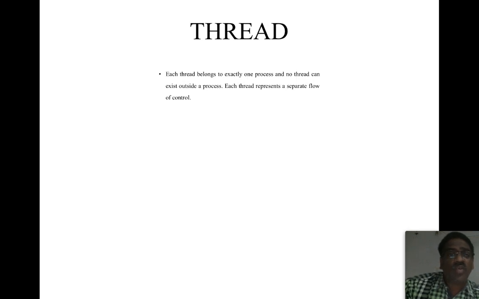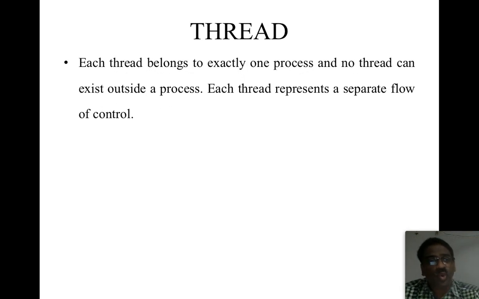Now, whenever you are working with threads, no thread exists outside the process. No thread outside the process means that most of the time there is no independent process. Independent programs are very, very few. That's why independent processes or independent threads are also very few when you develop a program. Whenever you maintain an independent program, its flow of control may differ from other programs.